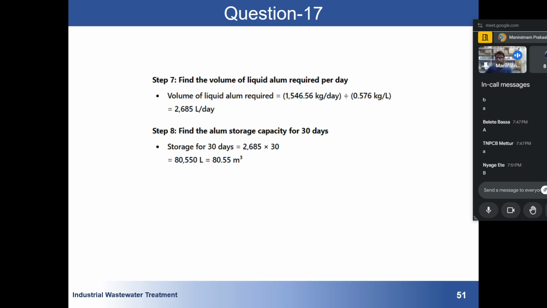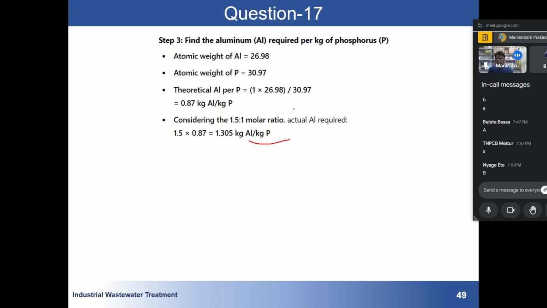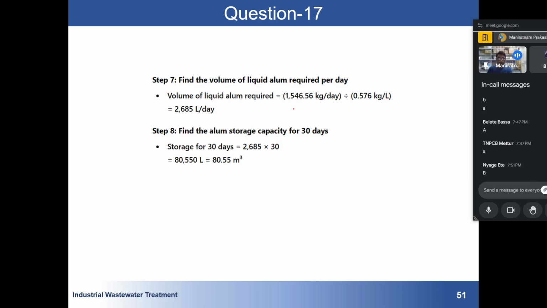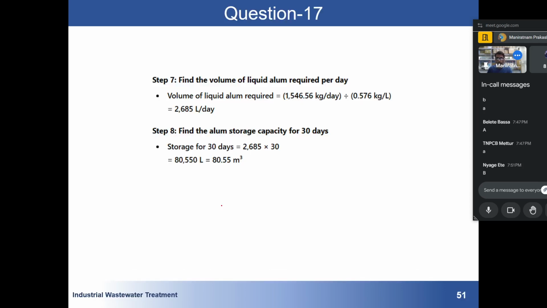So for the amount of liquid alum required, we already know the density. The volume of liquid alum required will be this much divided by the density, which we have already calculated as 0.576 kg per liter. The kg gets cancelled out, so this much liter per day of liquid alum is required.